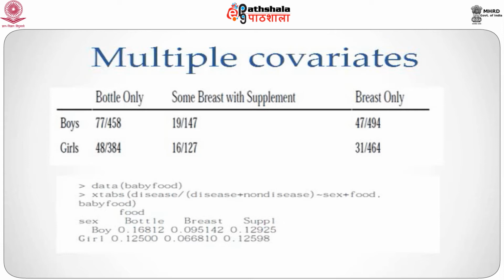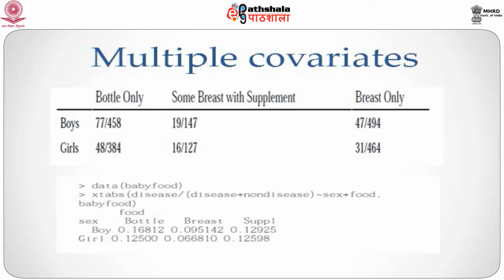For the O-rings data, we only consider the situation of one single covariate. We may, of course, want to fit a multiple regression model for binary outcomes. One example of this is the babyfood data set in R, where we have data on the boys and girls depending on whether they were bottle fed, were fed some supplement, or were breastfed only.